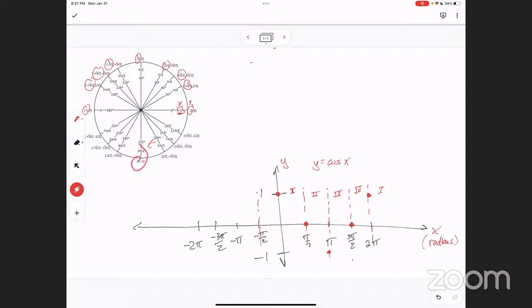Negative pi over 2 is right here. This could also be thought of as negative 90 degrees because it's going counterclockwise. So this is the fourth quadrant, this is the third quadrant, this is the second quadrant, and this is the first quadrant if you're going backward. And so you can see what the cosine graph does. It goes like this.